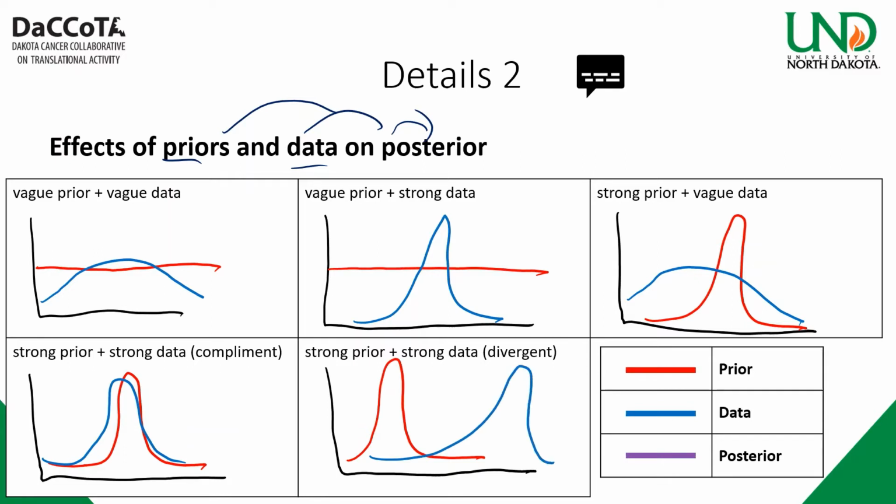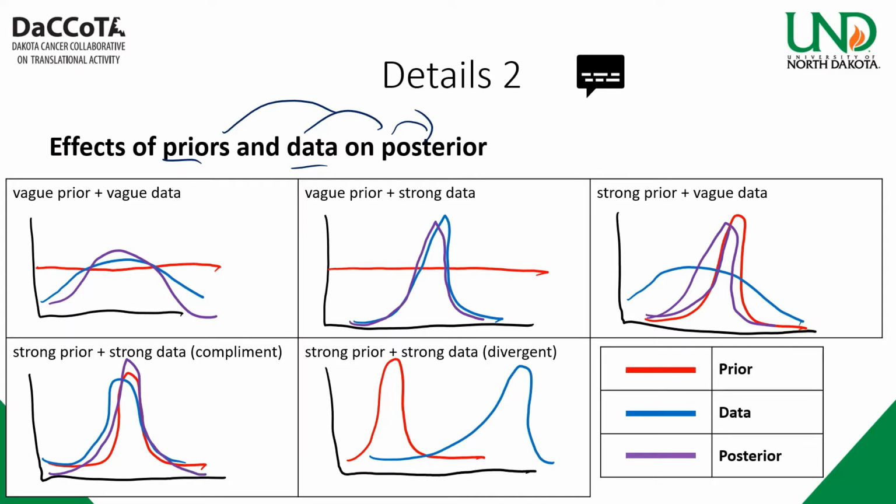Well, vague prior and vague data will give a pretty vague posterior. Maybe something like that. Vague prior and strong data, so that's going to be mostly driven by the data. However, if you have a strong prior and vague data, the prior is going to drive more of the posterior. Strong prior and strong data will have a very nice posterior.